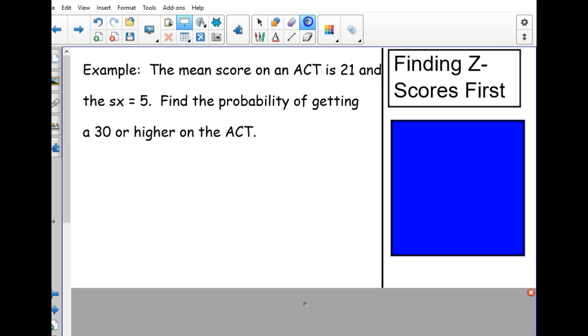So the mean score on the ACT is 21 and the standard deviation is 5. Find the probability of getting a 30 or higher on the ACT. So now what we're doing is we're taking what we've learned and applying it to real life with a word problem.